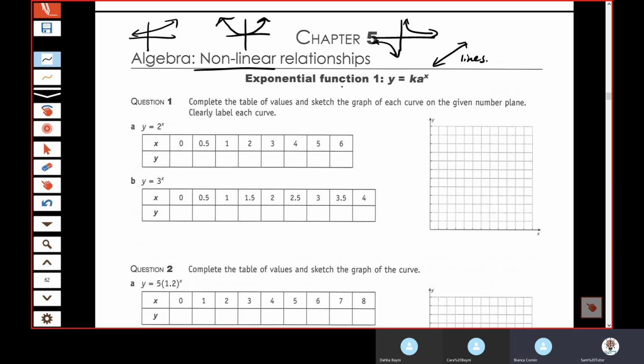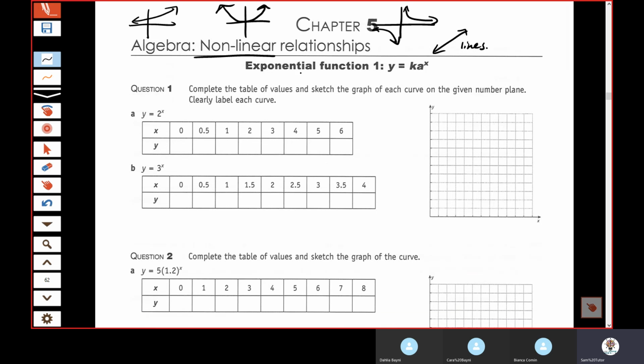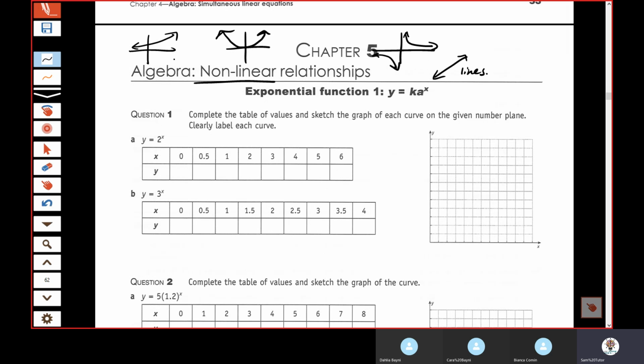All right. So let's start with the first one. The biggest thing I can tell you that you want to learn is the shape, the name, and the equation of a generic one. You need to know the equation, the shape, and the name.